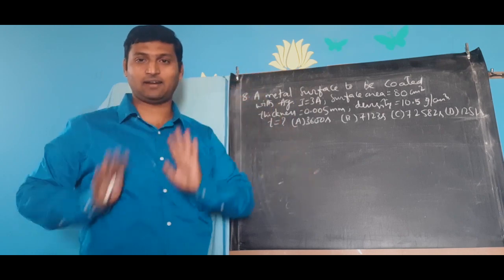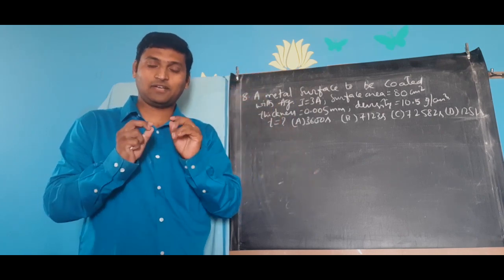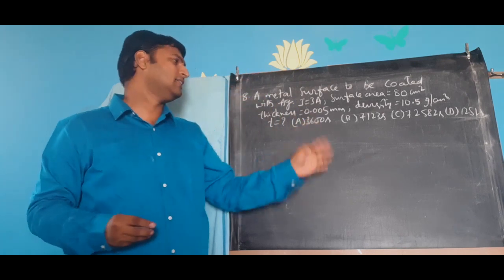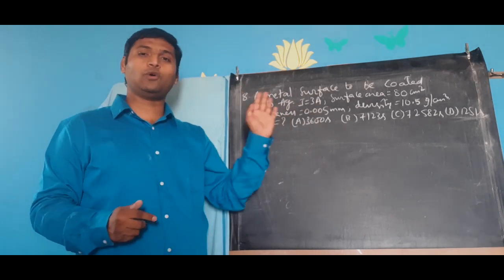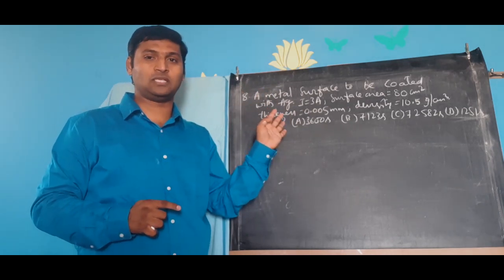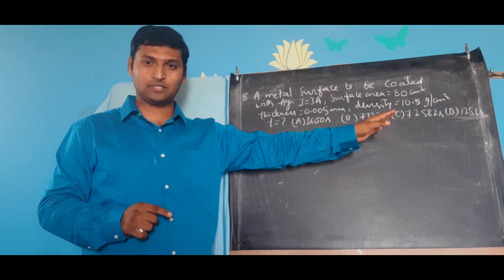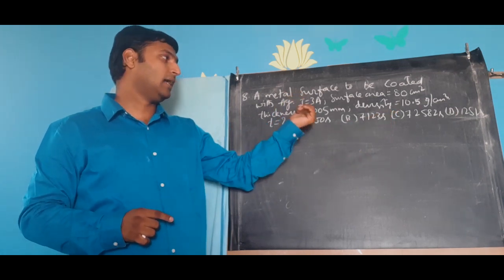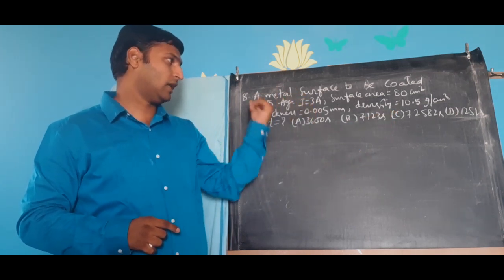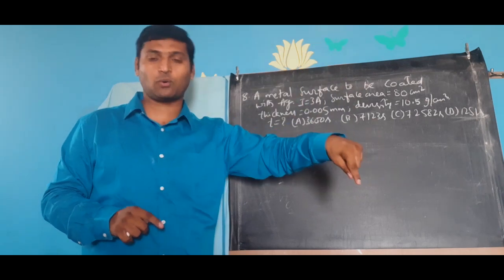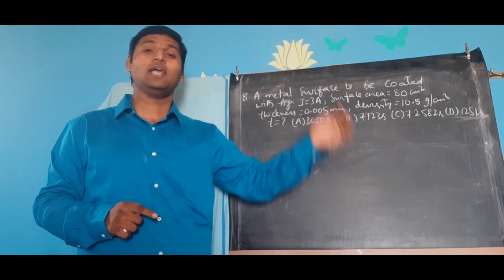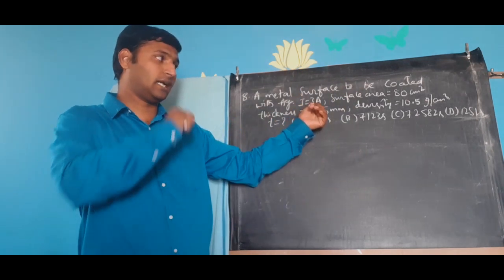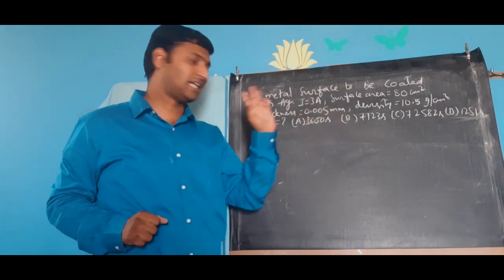If he has given the quantity of silver required directly, we can easily calculate the time, because we know very well 96,500 coulombs deposits 108 grams. So from that, for depositing so much quantity, how many coulombs are required? And for so many coulombs for 3 amperes current, how much time will be needed?